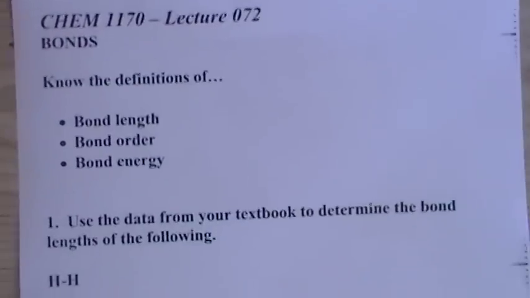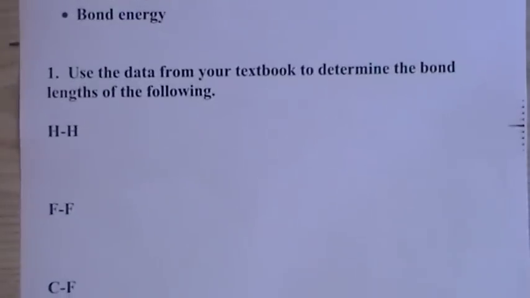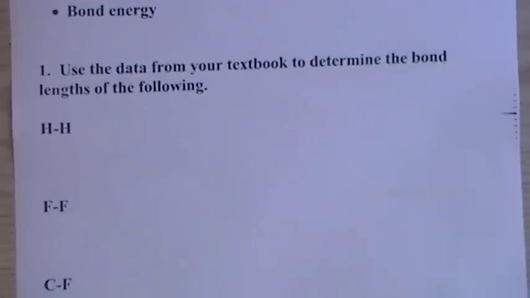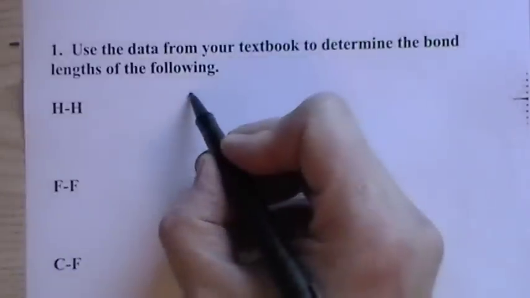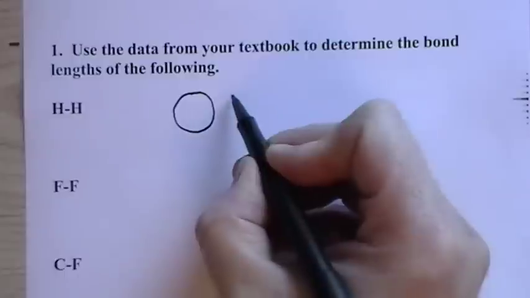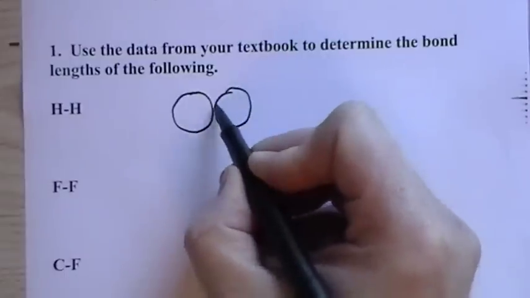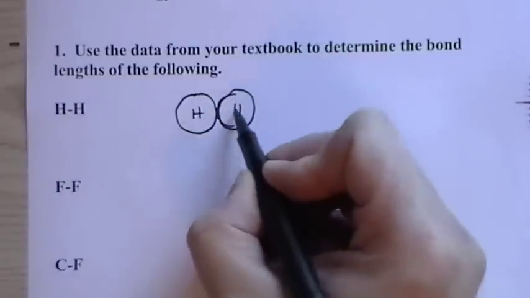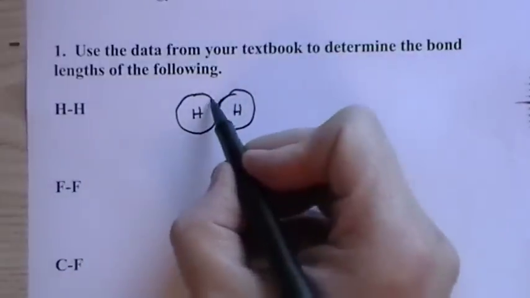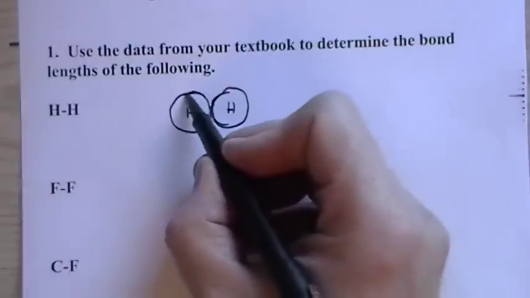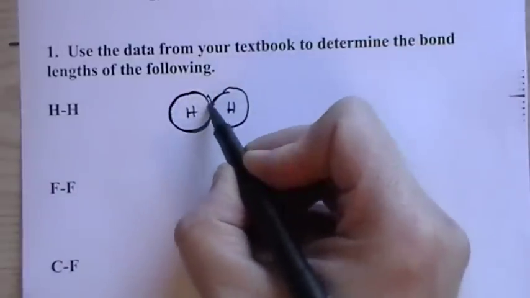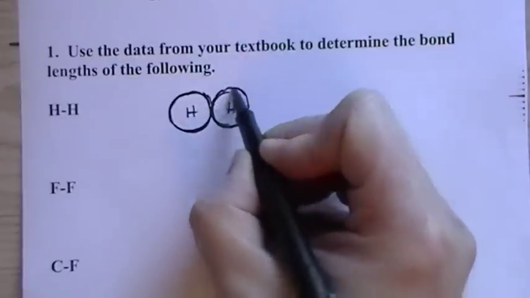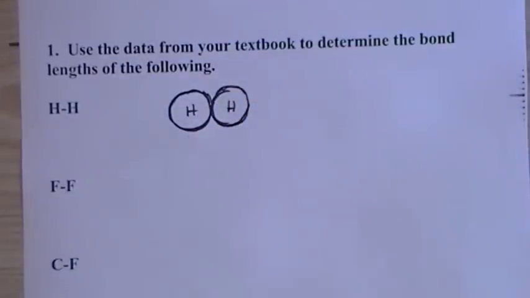Okay, so for this, we want to use the data from the textbook to determine the bond lengths. What we're assuming is that the atoms in this bond are spheres, and that when they bond, it's just the spheres coming together, touching, like two pool balls on a pool table would just click together.